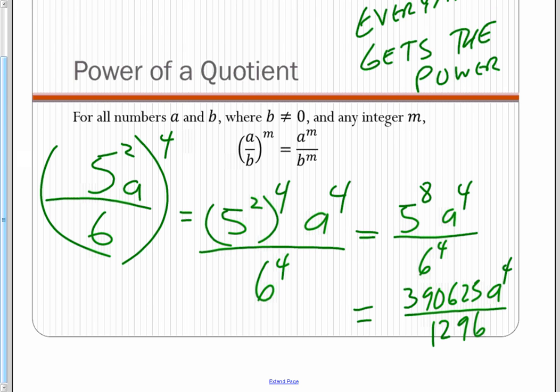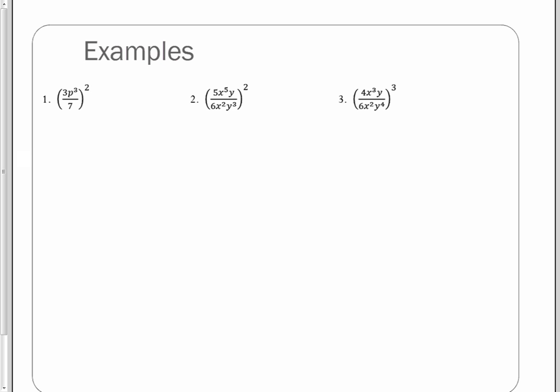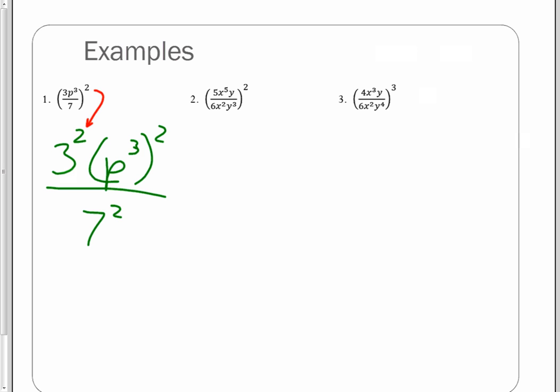Last problem I'm going to do with you is the first example on this page. Exponent on the outside. Everything gets it. Everything gets that outside power.